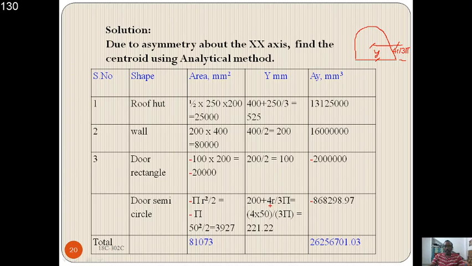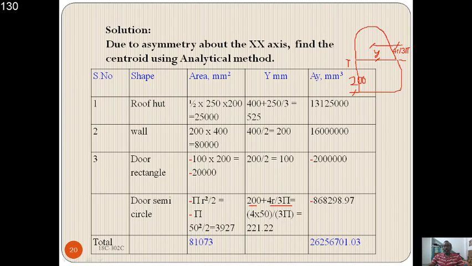That formula has been used here, 4r by 3 pi, and it is added to the rectangle of the door, which is 200. From this point to this point it is 200. So the same thing has been added here for finding the centroid of the semicircle.